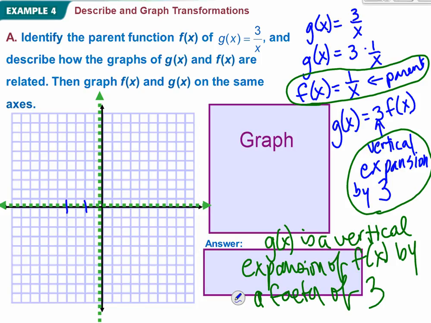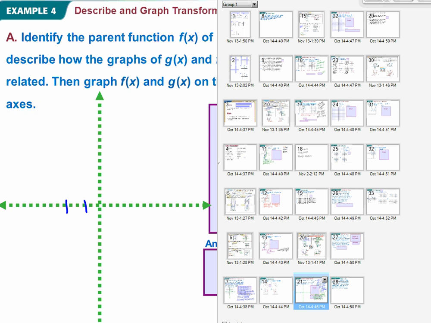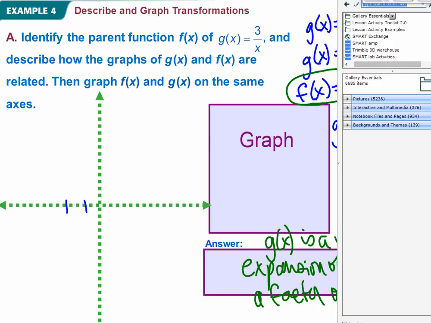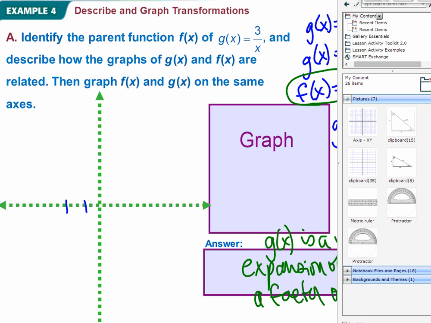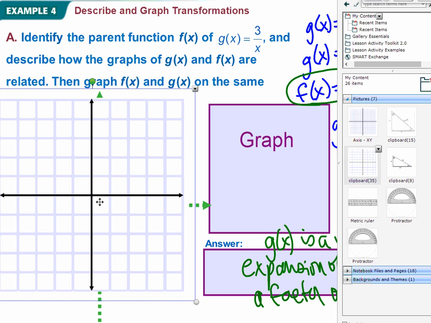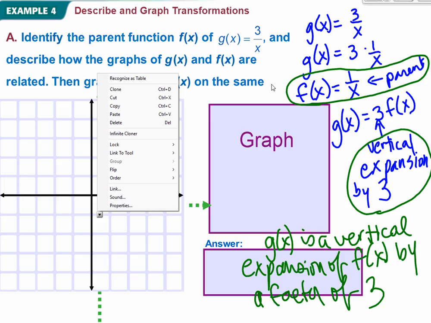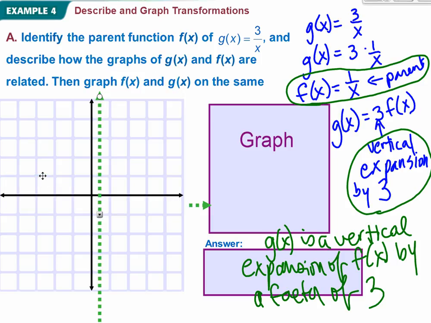So I'm going to relabel my axes, or I might get a different piece of graph paper. I think I'm going to do that instead. Let me get rid of that graph paper and see if I can find a different piece. That will be better. We'll just use this graph paper. And here's this one.